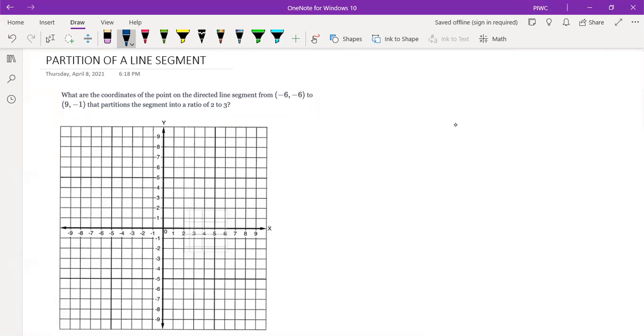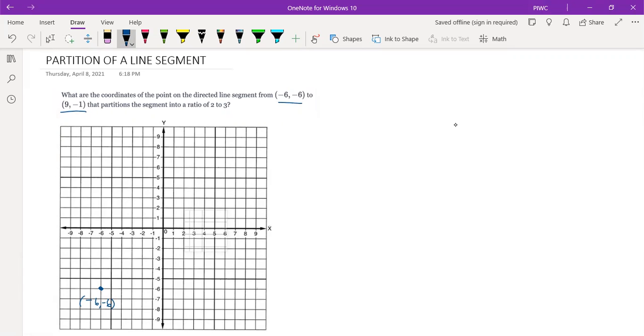We have -6, -6. So let's plot that on the graph. So x is -6, and then y is -6. So that takes us down here. So this is the point -6, -6. Okay. Then the other endpoint is 9 and -1.